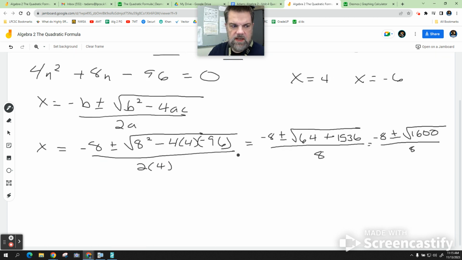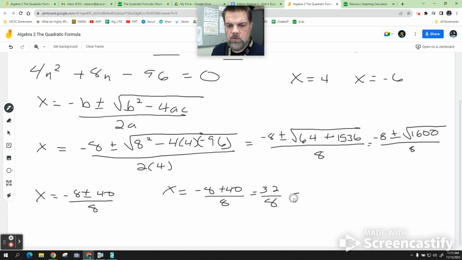All right, let's scroll down here. So then I get x is equal to negative 8 plus or minus 40 all over 8. So now I've got to separate it. I'm going to say x equals negative 8 plus 40 divided by 8, which would be 32 divided by 8, which would be 4.